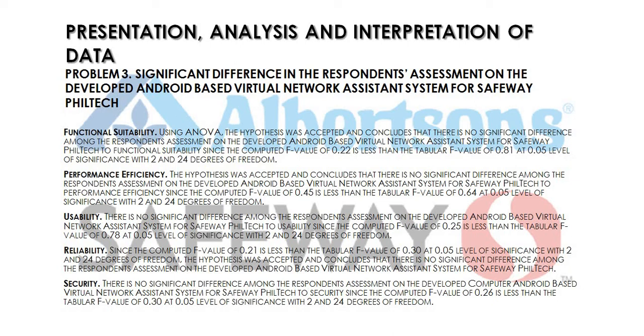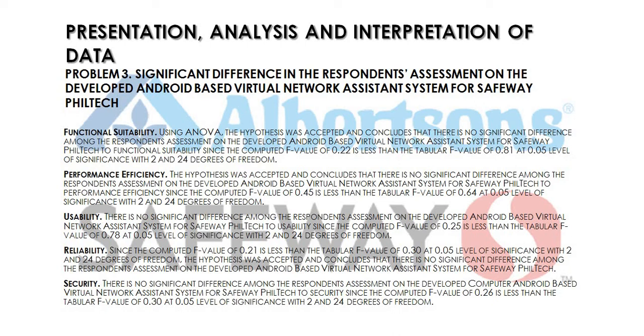Using ANOVA, the hypothesis was accepted and concludes that there is no significant difference among the respondents' assessment of the developed Android-based virtual network assistance system for Safeway PhilTech to functional suitability, since the computed f-value of 0.22 is less than the tabular f-value of 0.81 at 0.05 level of significance with 2 and 24 degrees of freedom.